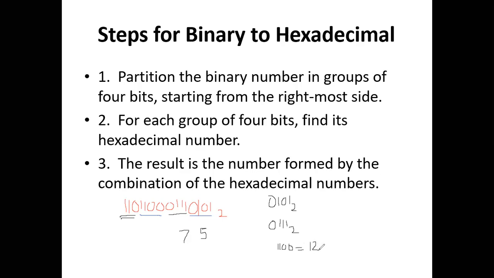Now, to represent a 12 in hexadecimal, we represent it by C. If you go back to the previous slides, when we were talking about hexadecimal, we said 10 is represented by an A, 11 by a B, 12 by a C. So here, where there's a 12, I'll put a C. And then this will be a 6.